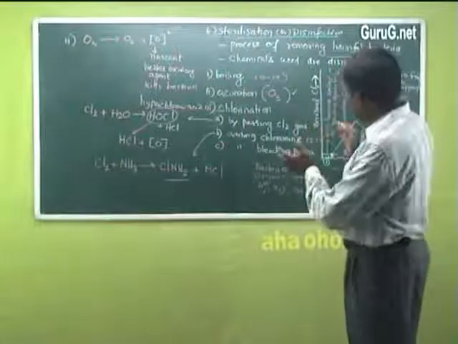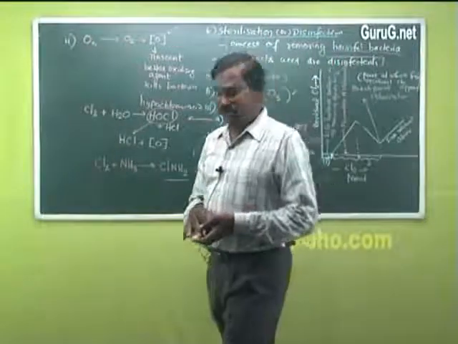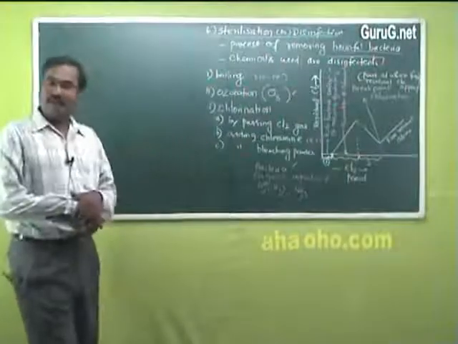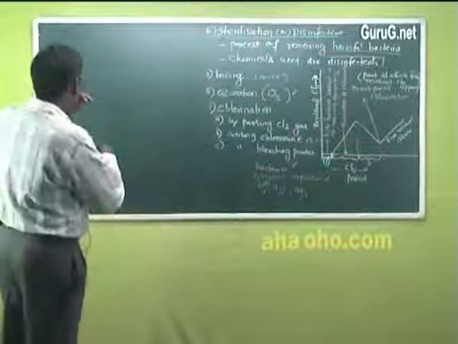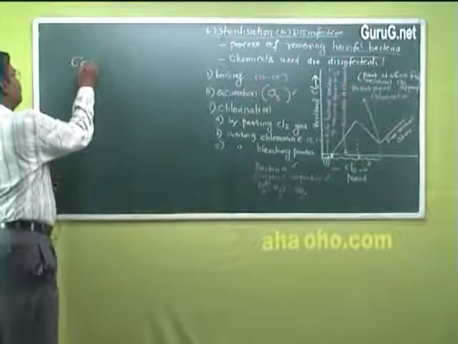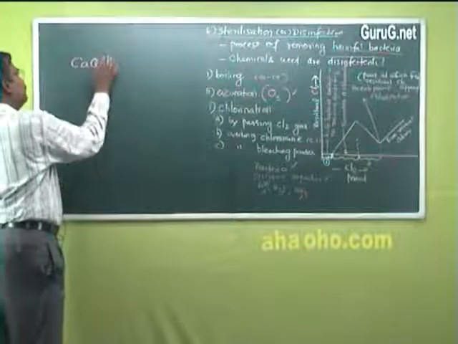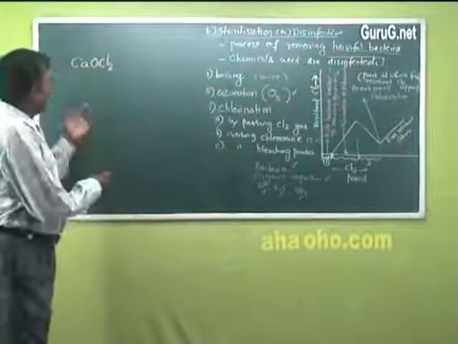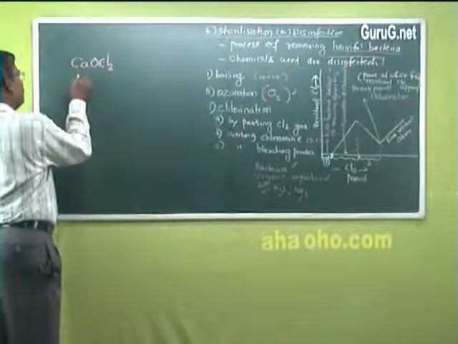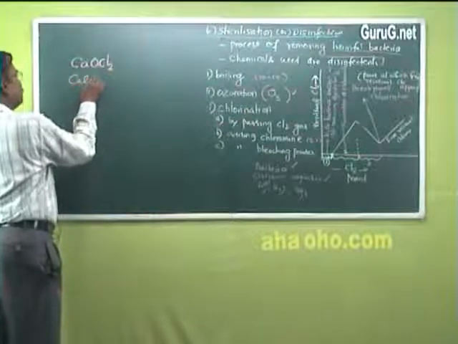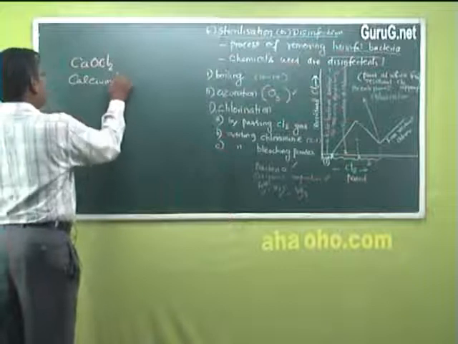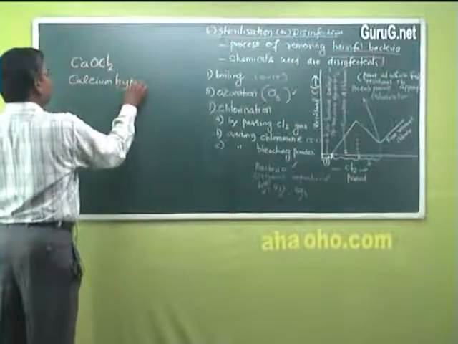So how is this bleaching powder responsible for sterilization? The next method is by adding bleaching powder. Bleaching powder formula: CaOCl2, calcium oxychloride, calcium hypochlorite.